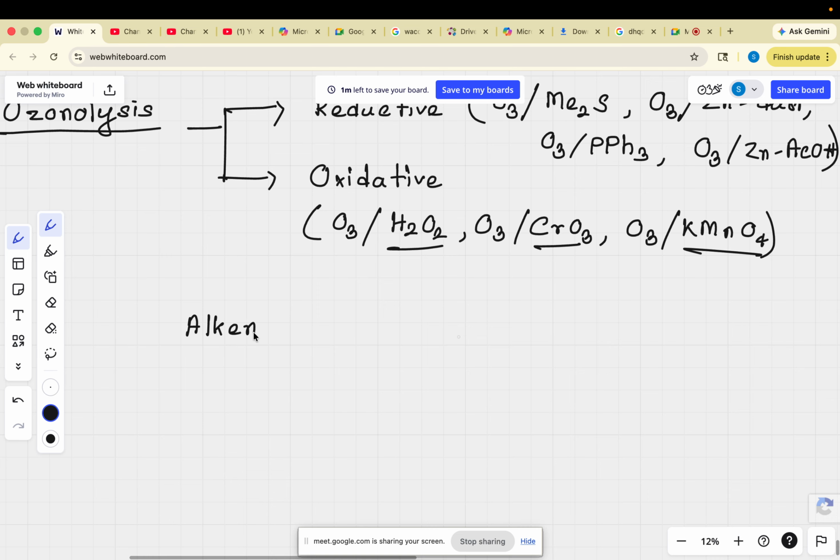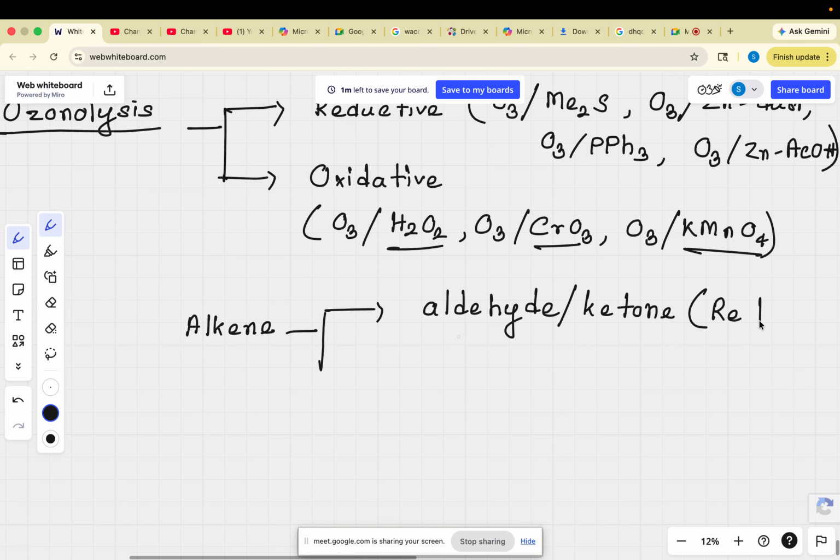Now the next thing, suppose you have an alkene. This alkene will convert to what? Aldehyde or ketone when we are doing reductive ozonolysis.